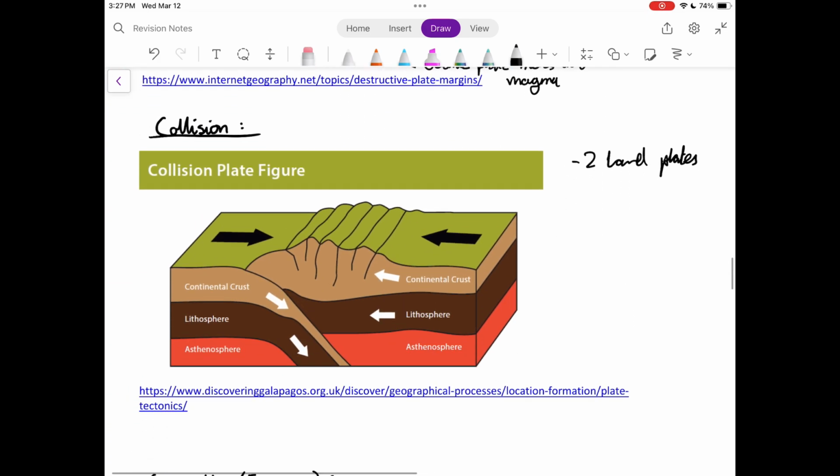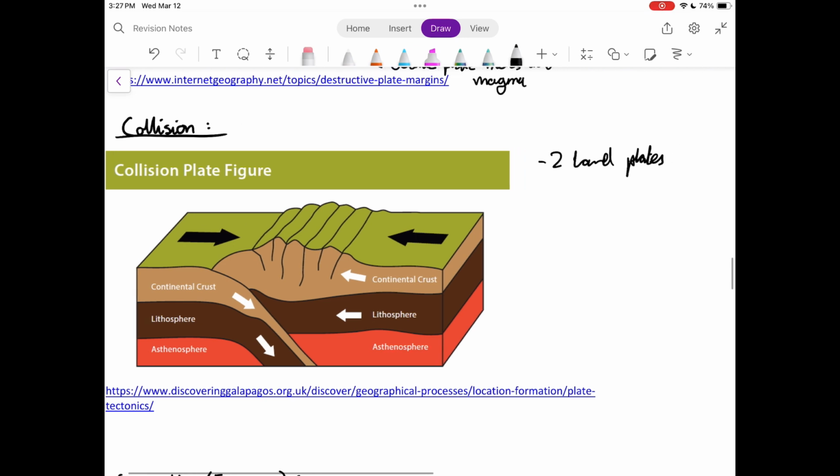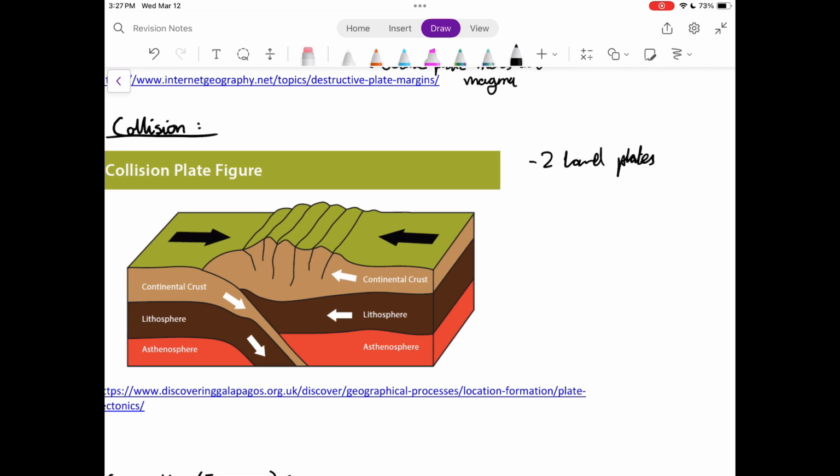So now we're going to be going back to collision plates. So these involve two land plates moving towards each other. And when they move towards each other, because they have the same density, the land is pushed upwards, as you can see with these ridges here. And apparently it'll be pushed upwards to the point where it forms these fold mountains, so that it kind of looks like a mountain range.